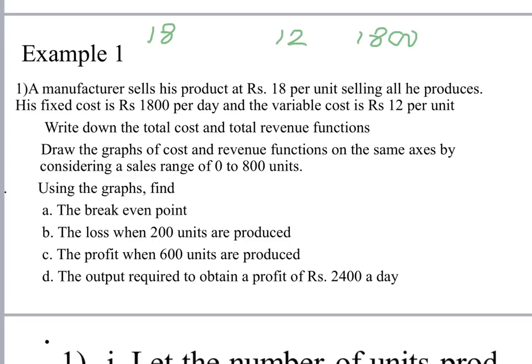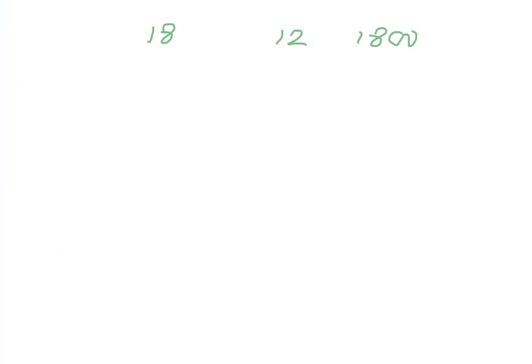When we write the total cost function, it equals fixed cost plus variable cost. So the cost function equals fixed cost 1,800 plus variable cost 12 into the number of units.